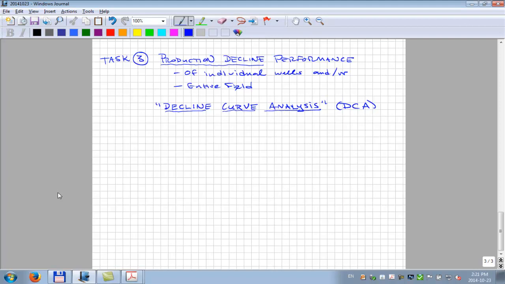And it's natural because basically in order to generate the decline curve performance, you need to have done task 1 and task 2. And once you've done those two correctly for your particular reservoir, you can create the production decline performance. Okay?